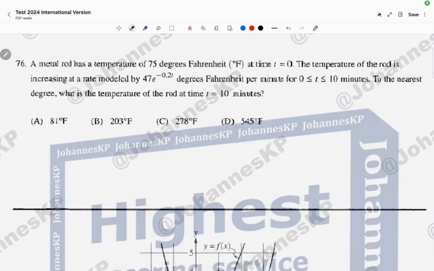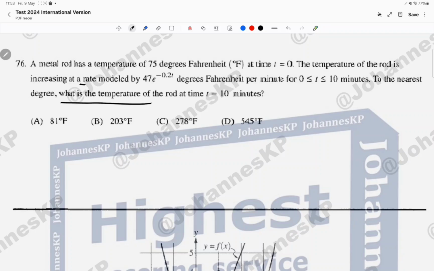A metal rod has a temperature of 75 degrees Celsius. The temperature of the rod is increasing at a rate. They want the temperature.